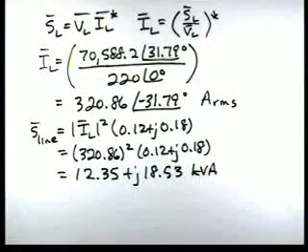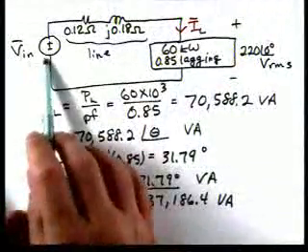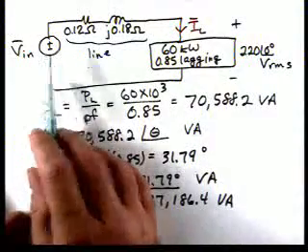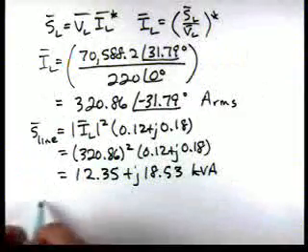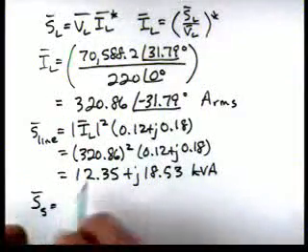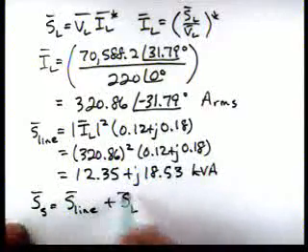And now if we look back at our source, the complex power supplied by the source goes here and here. So S for our source is S line plus S for the load.